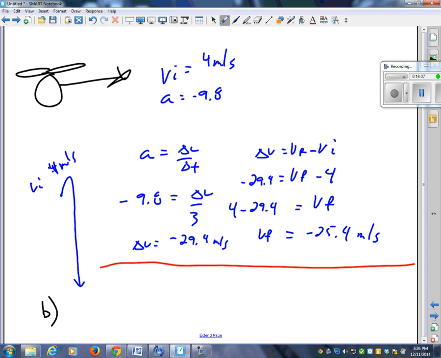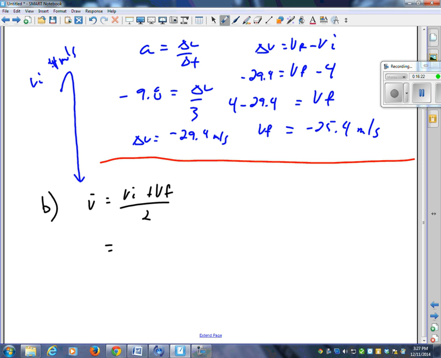And then in part B, how far has the rock fallen? You are looking for the displacement, and the displacement is based on the average velocity, which you're going to have to calculate. The initial velocity is 4. The final is minus 25.4, giving us minus 21.4 divided by 2, minus 10.7.